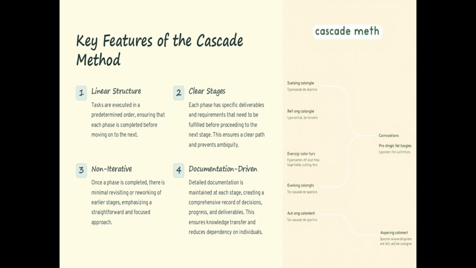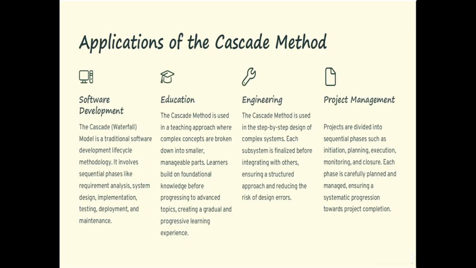Here we can see detailed documentation maintained at each stage, creating a comprehensive record of decisions, progress, and deliverables. This ensures knowledge transfer and reduces the dependency on the individual. We can get the overall picture very easily. This cascade method can be used in various applications like software development, education, engineering, and even project management.